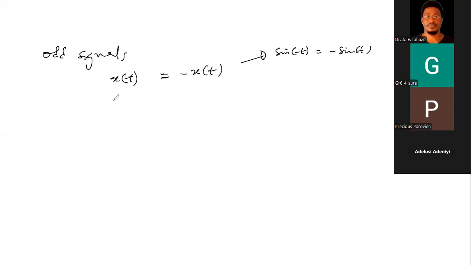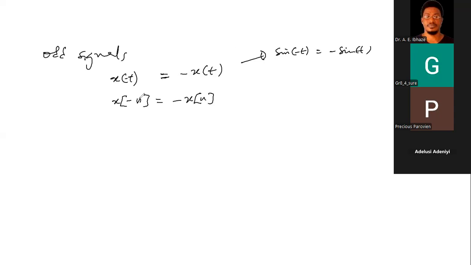If we perform the same in the digital plane, negative n will be the same as minus s of n. So we know that sine of negative theta is the same as negative sine, so sine t is an odd signal.